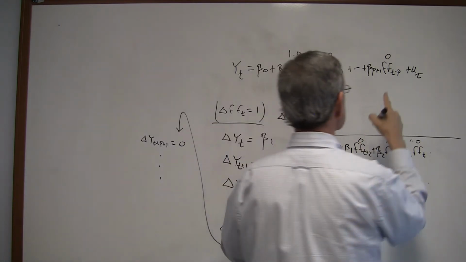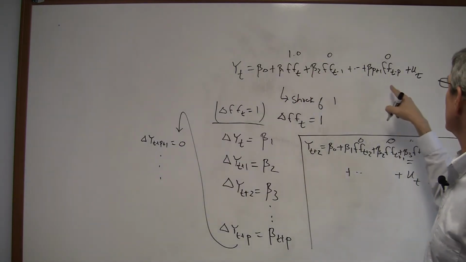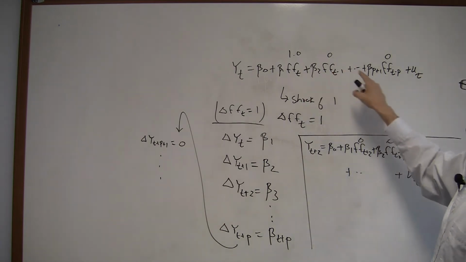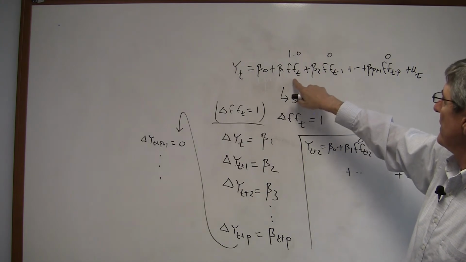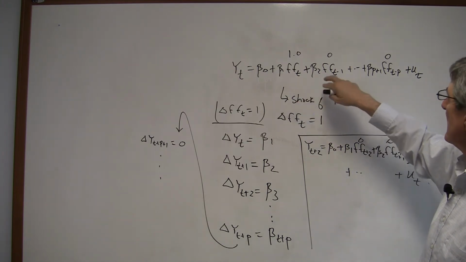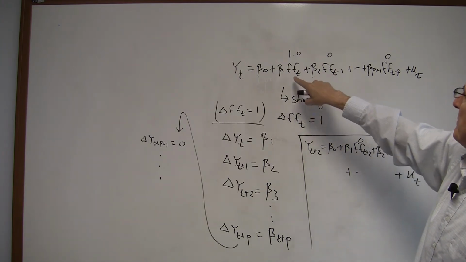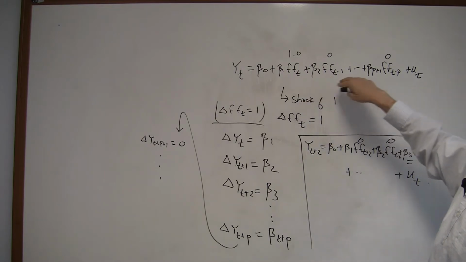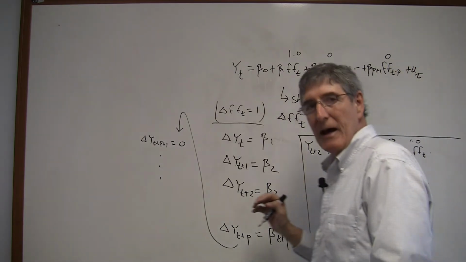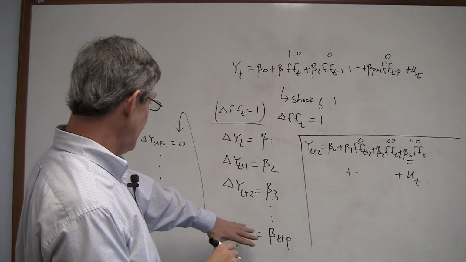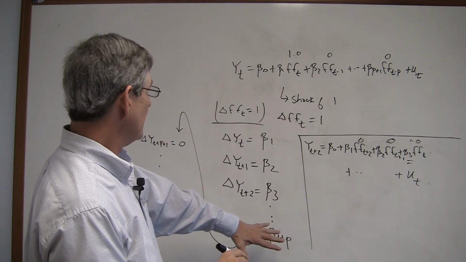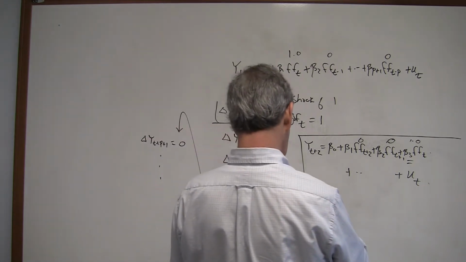Because once I get past p lags, FFt will be gone. The first term here would be FFt plus 1, and then t plus p plus 1, then t plus p, and you wouldn't get to FFt once you got past p. So once you get to t plus p, that's the last one, right? What would yt plus p plus 1 be?